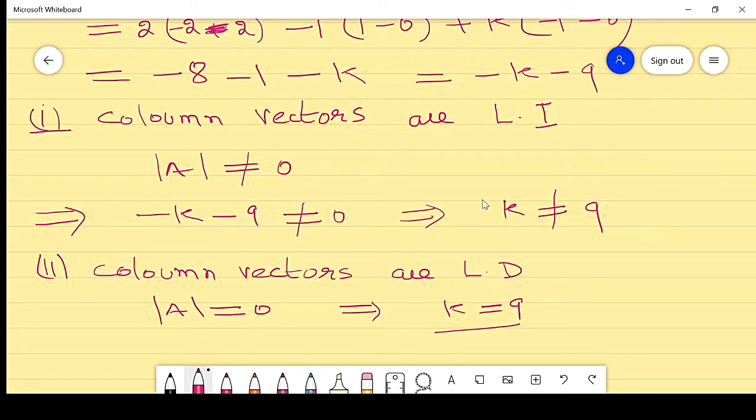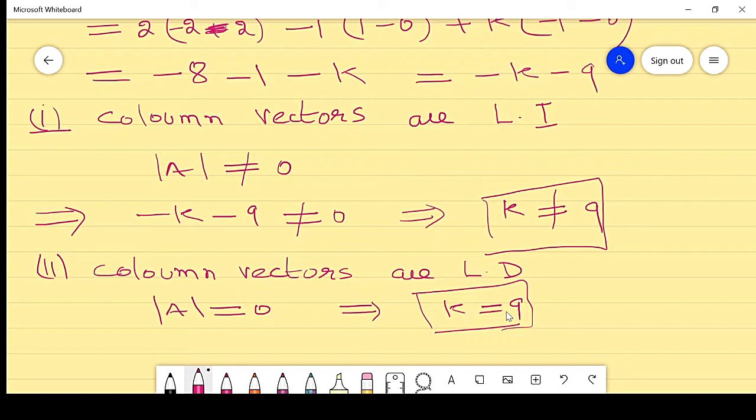So when k is not equal to -9, the vectors are linear independent. When k is equal to -9, then the vectors are linear dependent. So in this way we can find the value of k for which the vectors are linear independent or linear dependent.